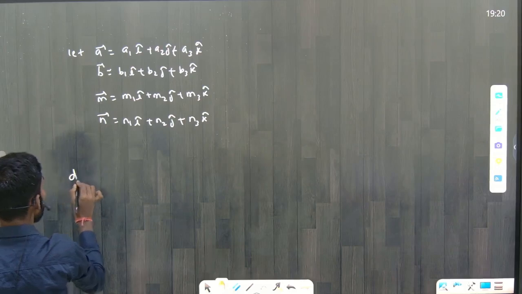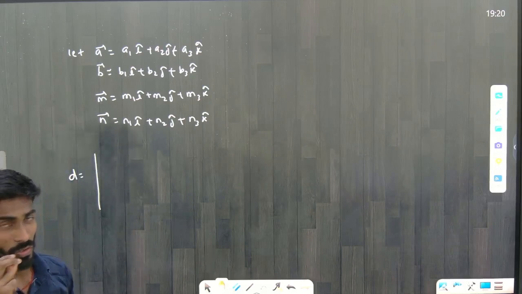Okay, then what is the formula for finding the shortest distance between skew lines?